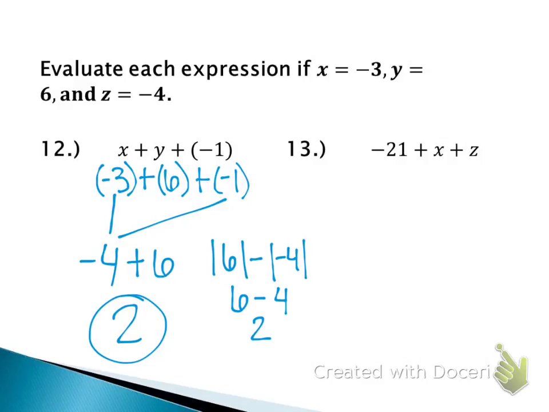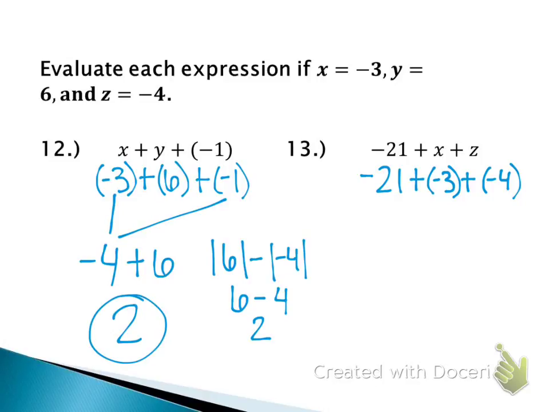On number 13, again, I start off by substituting in. So for the x, I put a -3. For the z, I put a -4. Now they all have the same sign. They're all negative.